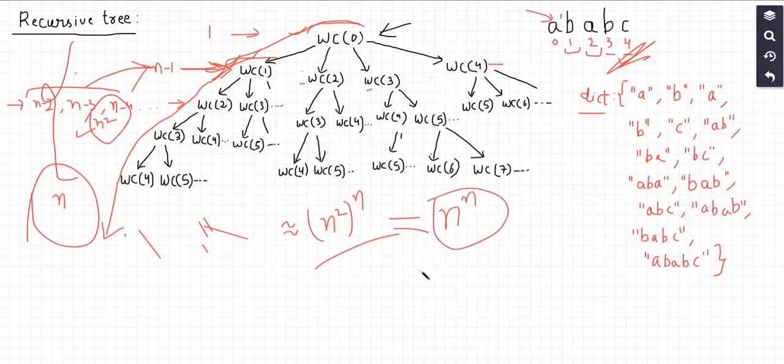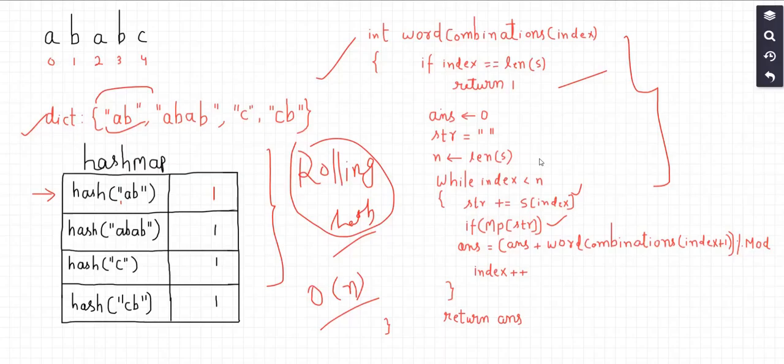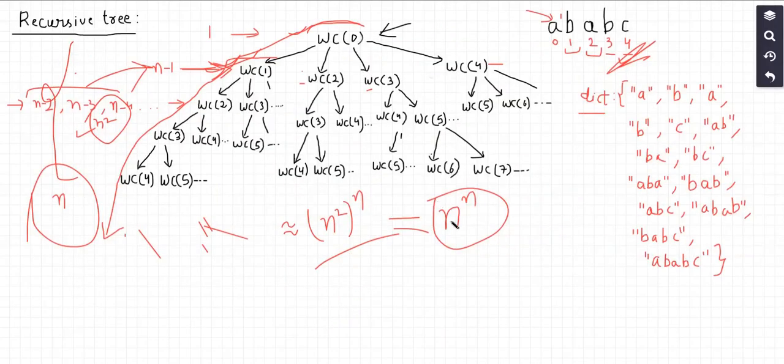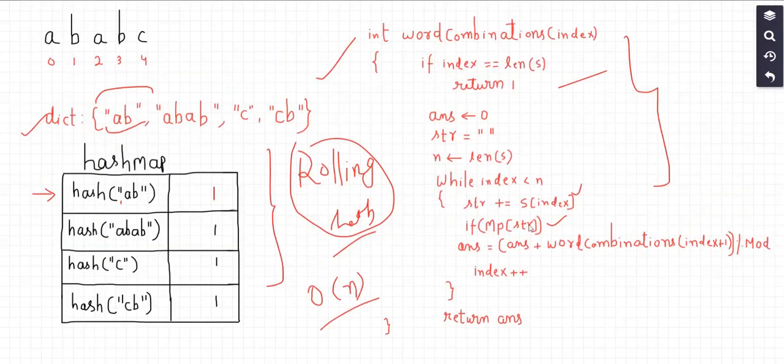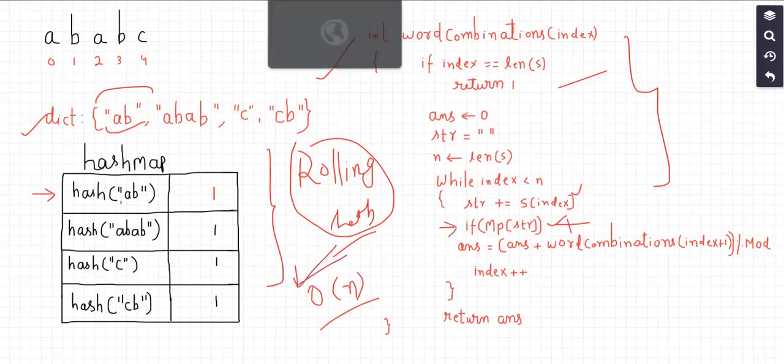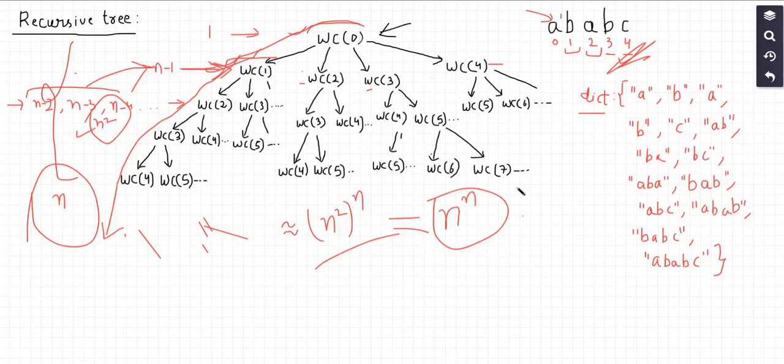Okay, so only the recursive code is giving me the time complexity of n raised to the power n. But there is another thing here, that is this map. Every time I am checking for a prefix, I have to use this map, which takes linear time complexity, and I have to check for each prefix.